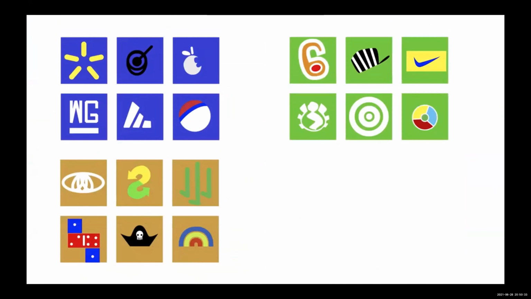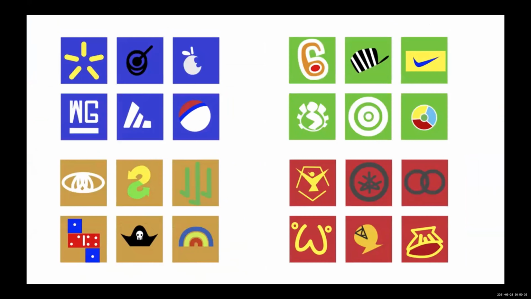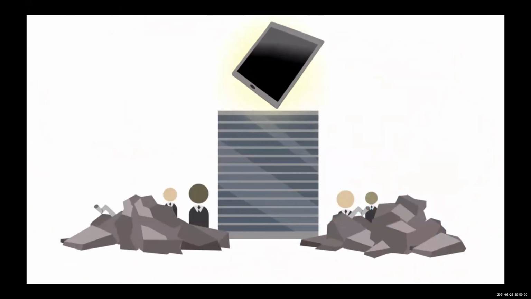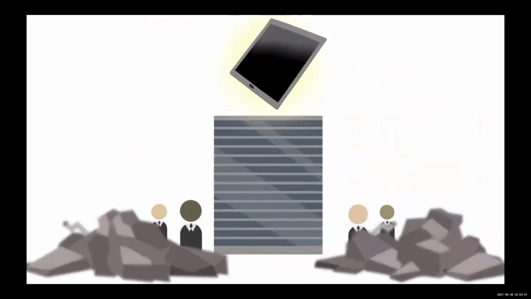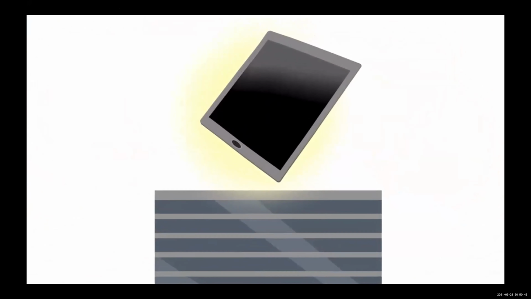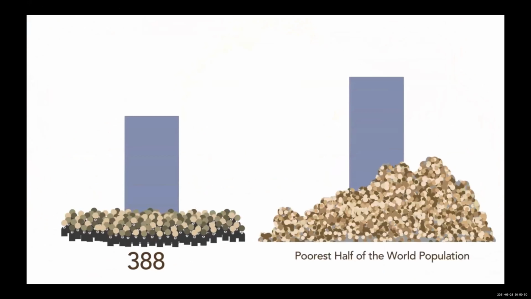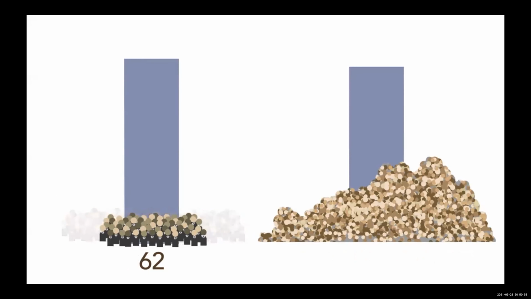Globalization also increases the roster of competitive companies, and when they duke it out, only the strongest companies with the best technology survive. As a result, the world's wealth increasingly concentrates at the top. Oxfam reports that in 2011, 388 people controlled more money than the poorest half of the world's population. Just 5 years later, that wealth had concentrated into the hands of only 62 people.